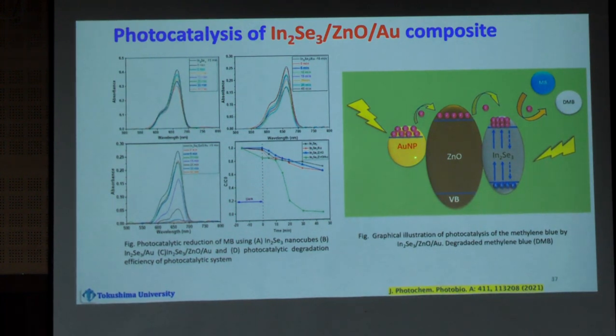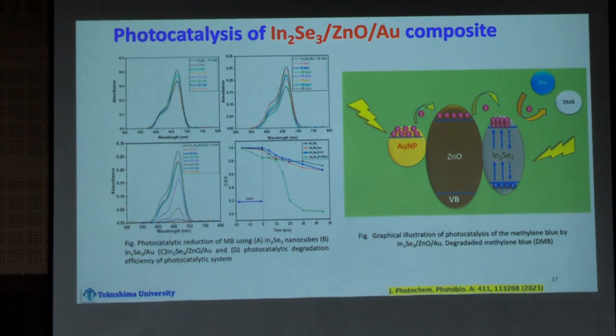Ag can transfer the electron to the zinc oxide, then zinc oxide to indium selenide, and then indium selenide can help to create the photocatalysis process. So this process of transportation happens quickly with the help of this metal. If there is none, then this process will slow down. But with the help of this metal, the process can occur quickly and you can see the result.